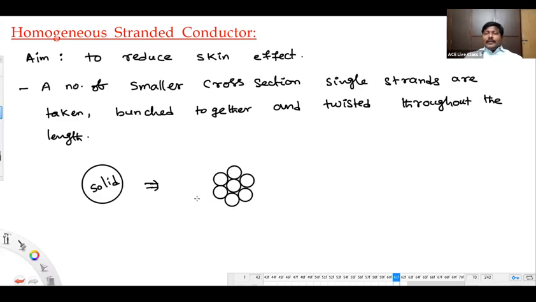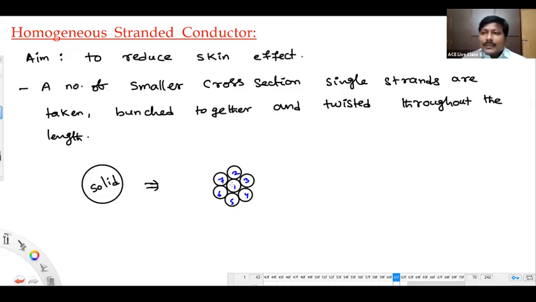Like this, we will have the conductor. If you count, we have 1, 2, 3, 4, 5, 6, 7 strands in total. This is called the cross-sectional view of the stranded conductor. All these strands are made of the same material, aluminum.